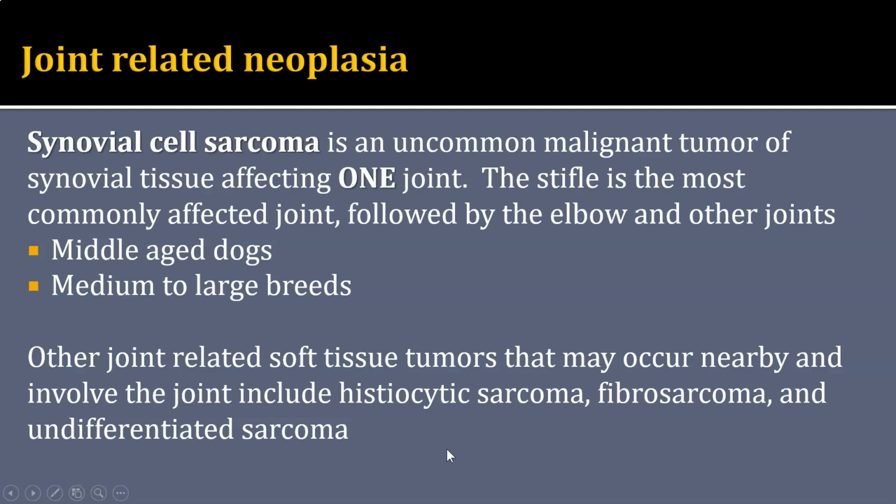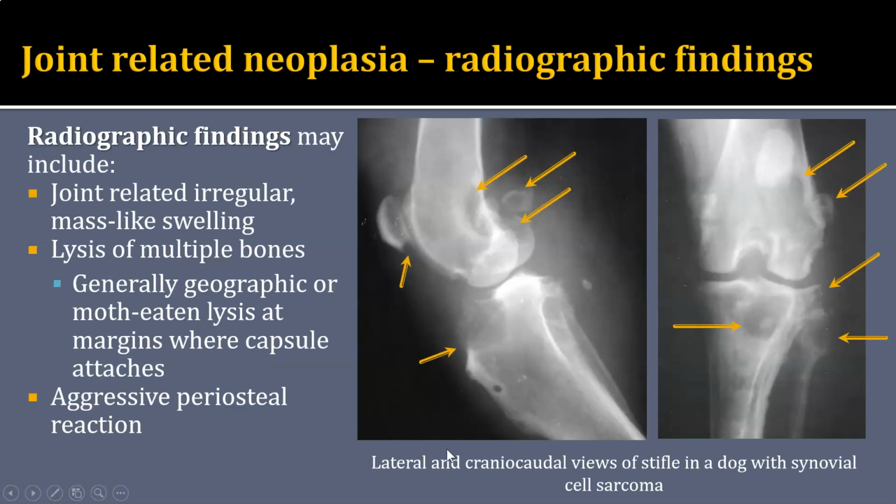We're just going to see findings that suggest that it's a joint-related neoplasia. So our radiographic findings will include, especially if it's advanced, multiple things that we can assess for. And so certainly we're going to have quite a bit of mass-like soft tissue swelling typically identified when we have a joint-related neoplasia.